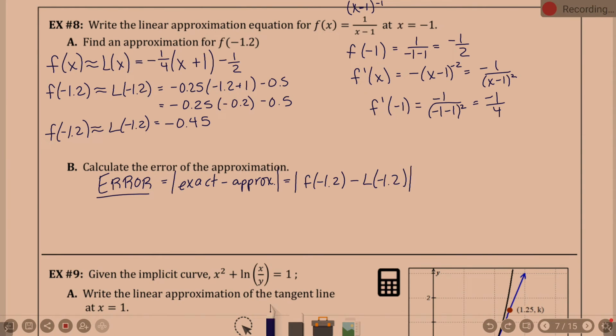Exact is negative 4.454545 repeating, minus the negative 4500ths.